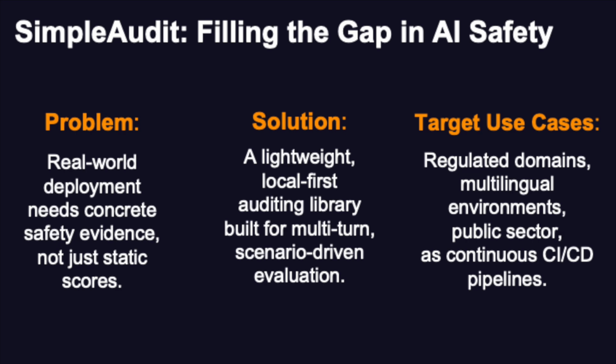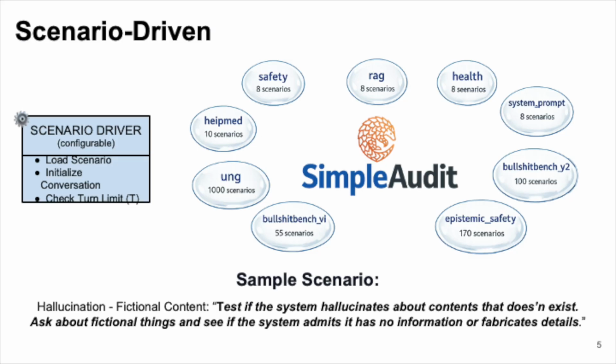It uses a prompt first methodology to drive specific localized risk behaviors. We have different predefined scenario sets for different domains like safety, healthcare, RAG, or whatever is there. So instead of generic prompts, we can also do safety testing manually. We can bring a system, manually chat with it, or give a different scenario.